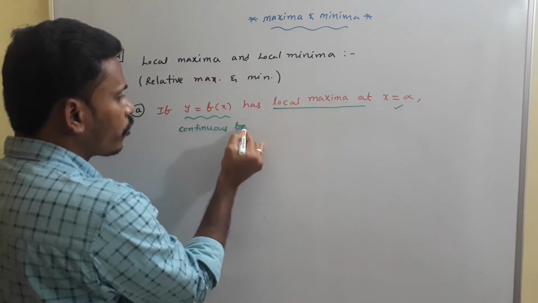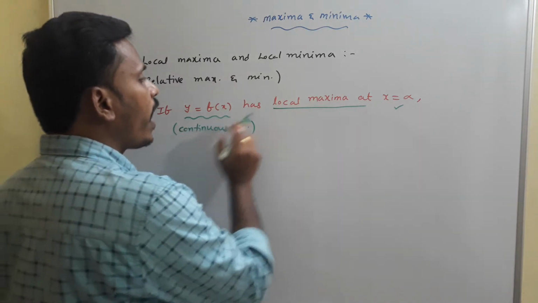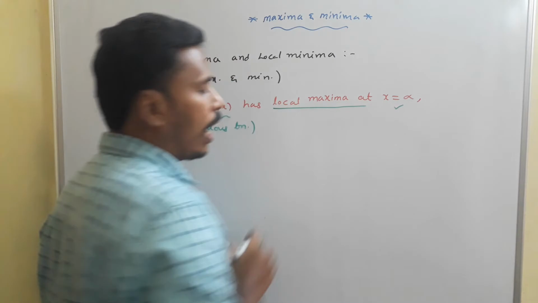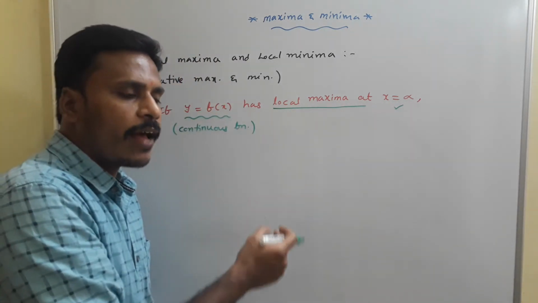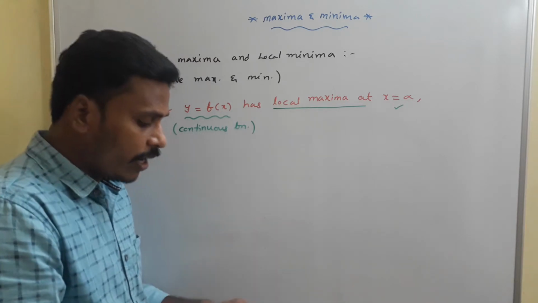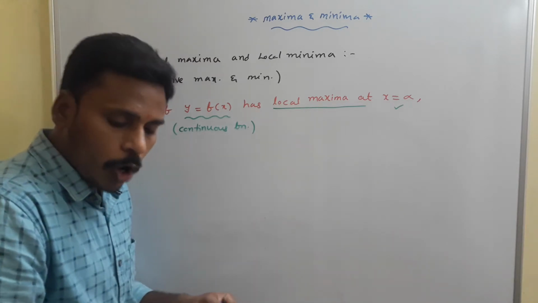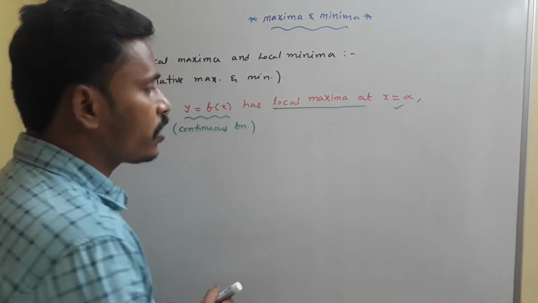Here I am just trying to derive conditions for continuous functions if they have local maxima at x is equal to alpha. If the function is discontinuous, we will use graphs and logical ways to solve the problems instead of deriving conditions.